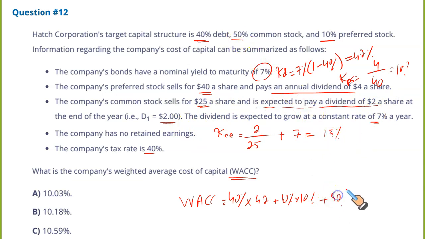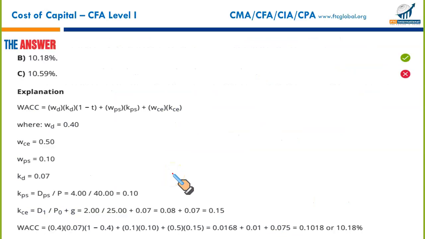So 50% times 15. And that's all. 0.4 times 4.2 plus 0.1 times 10 plus 0.5 times 15 gives me a total 10.18. 10.18%, that is B.